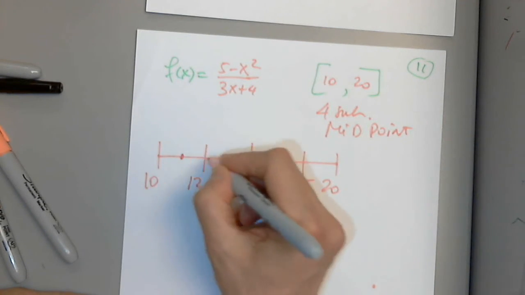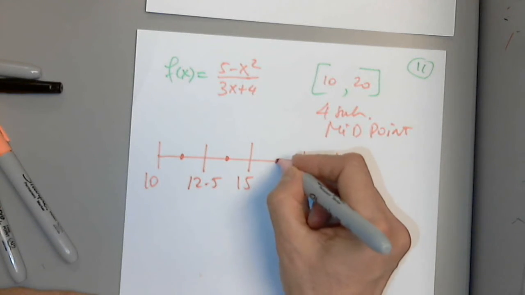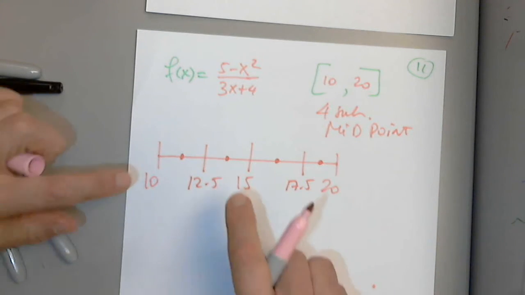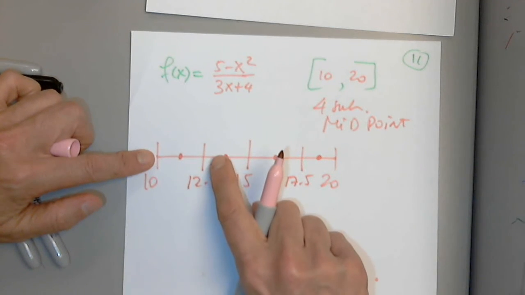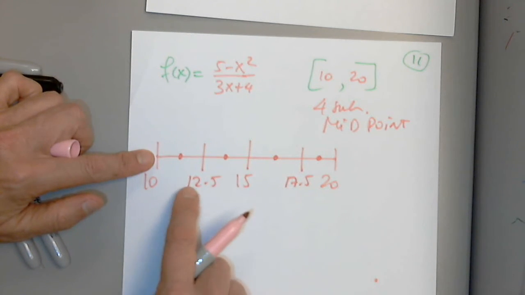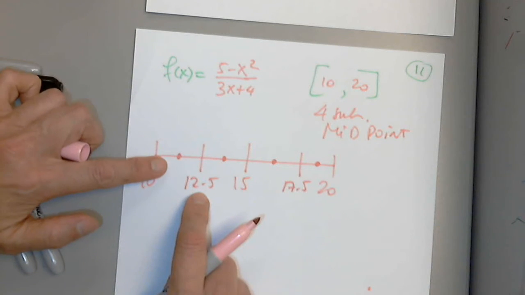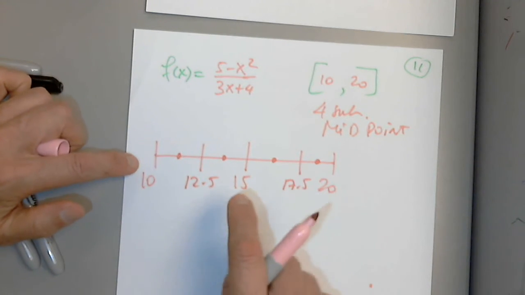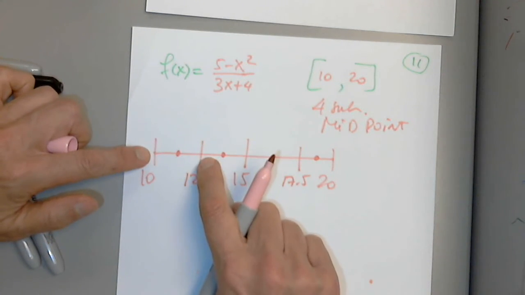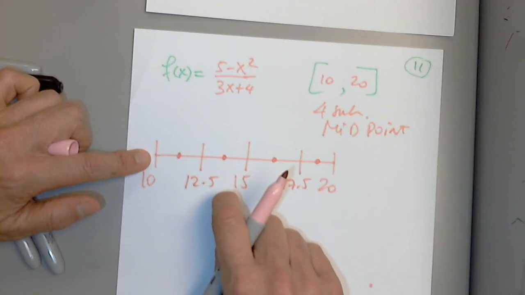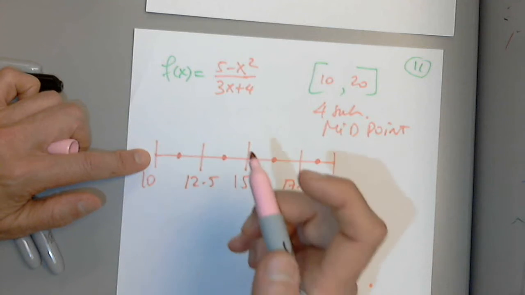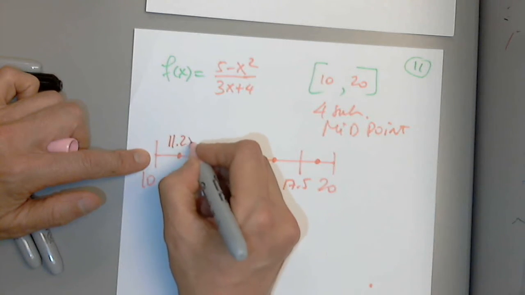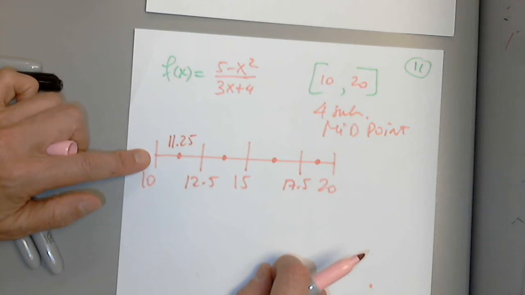Now I have to find the midpoint. So I have 12.5. So the distance is 2.5, correct? So 2.5 divided by 2 is 1.25. So 11.25 is in the middle.